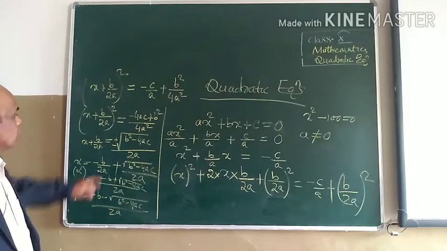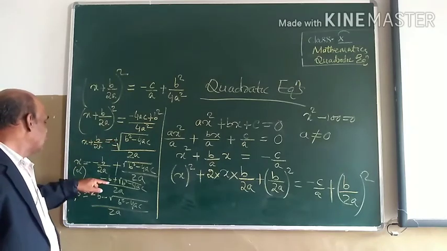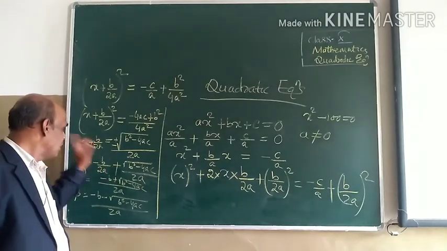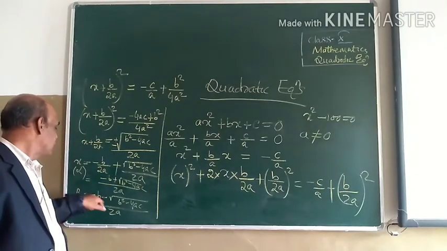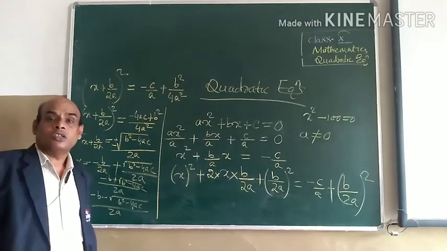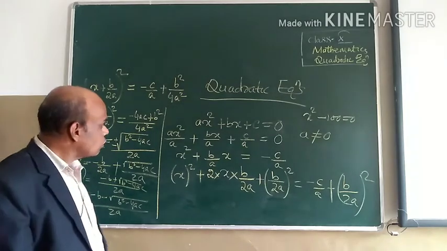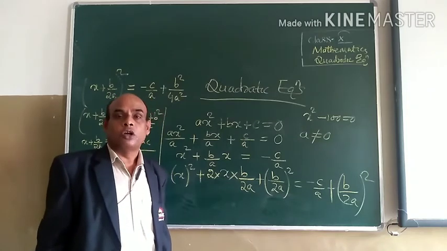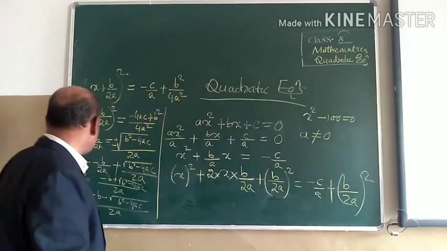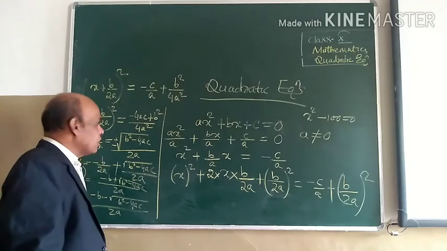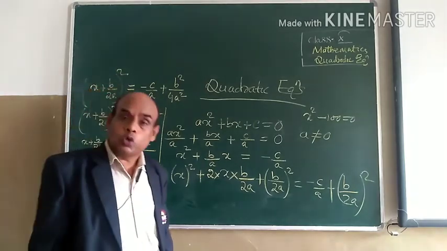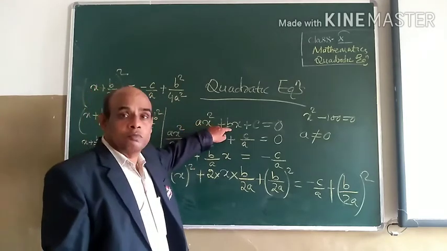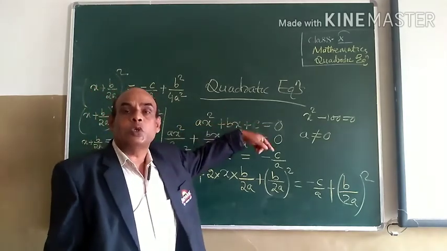So this plus value I took as alpha, that is x alpha, and this minus value I took as beta. So already I got two roots. We also call them zeros. Two zeros or two roots, one a positive value, another a negative value. That is the root of the quadratic equation ax square plus bx plus c is equal to 0.